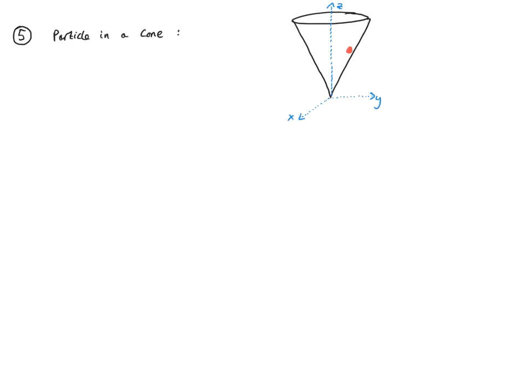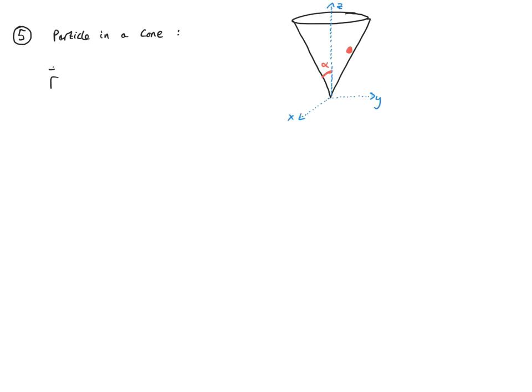The cone itself has to be parameterized by some angle, and I'll choose this opening angle of the cone from the vertical z-axis to be some angle alpha. So an appropriate coordinate system for this problem would be cylindrical coordinates, and that's because we have a rotational symmetry in the xy plane, but the z-axis is different.